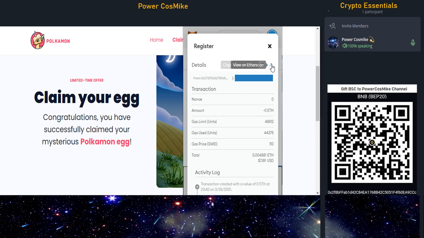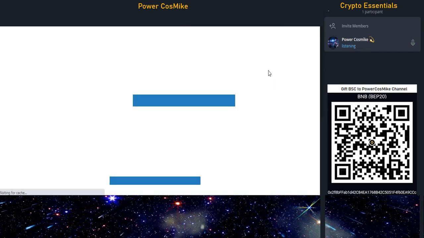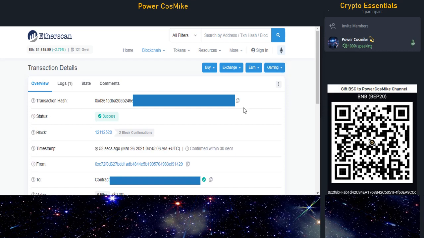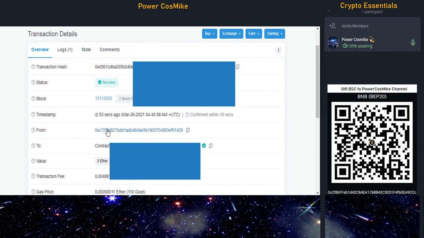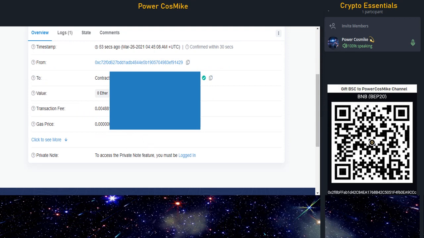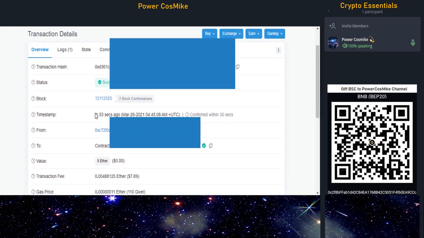And then here you can click on View on Etherscan. This will show you the actual transaction that you've just made. This is the transaction hash, where the transaction came from, the contract that was used, and how much it cost. And this also will show you how much time the transaction has taken.